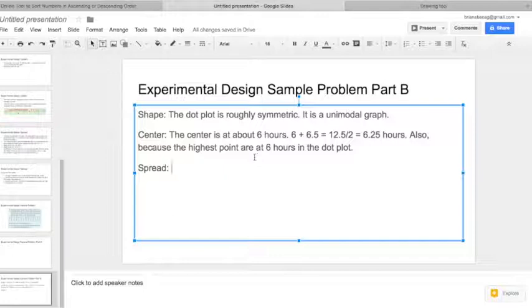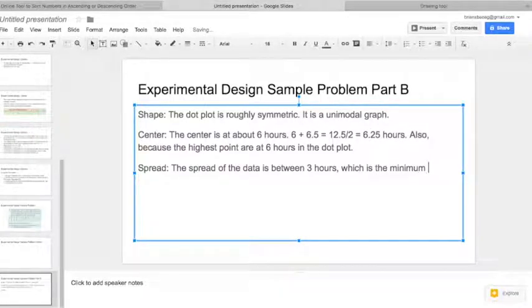So we can say the spread of the data is between 3 hours, which is the minimum in the data set, and 11 hours, which is the maximum in the data set.